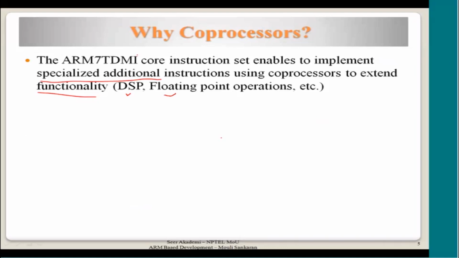Now, when I say we are adding more instructions, you know that ARM has a 32-bit wide instruction set, right? So how many instructions could be there using those 32-bit combinations? There could be 2 power 32 instructions. But does ARM have that many instructions? It doesn't.